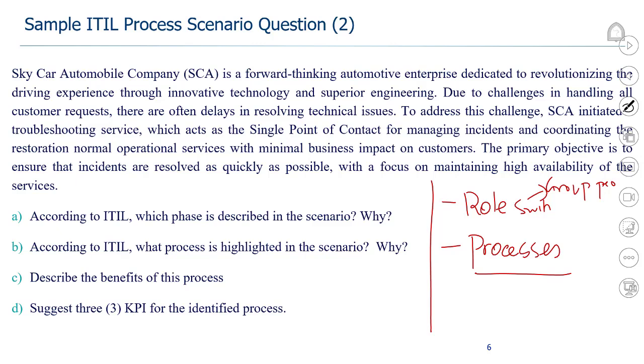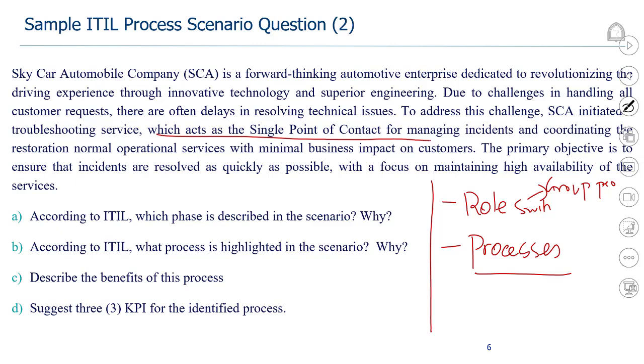So let's read this question and see what we need to concentrate on. So Sky Automobile is a forward-thinking company, so that's really nothing. Due to the challenges in handling all the customer requests, there are often delays in resolving technical issues. To address this challenge, SCA initiated troubleshooting service, which acts as a single point of contact.